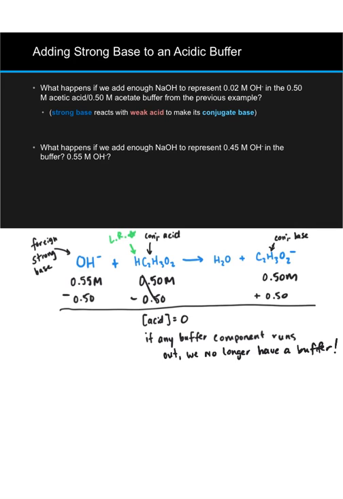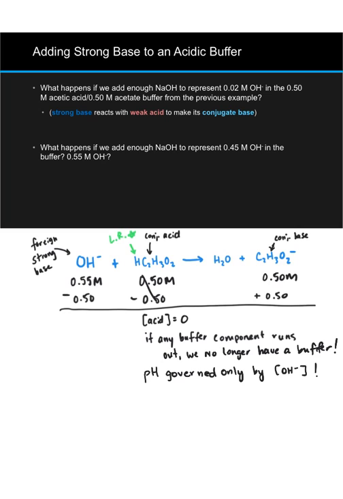The pH of the solution is dictated entirely by the amount of strong acid or strong base that is left over. So pH is governed only, in this case, by the concentration of hydroxide ions.